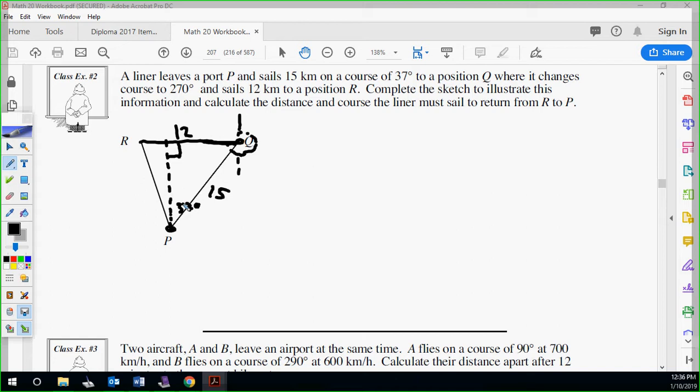Oh, wait, no, you're right. We can use cosine law. Because the 12, we don't know what this is broken up into. Okay, so we're going to do triangle PQR.